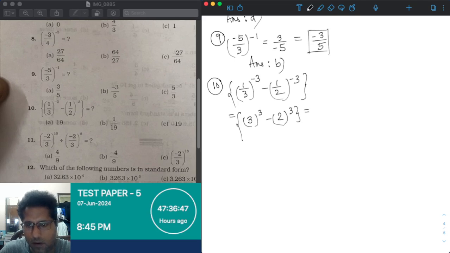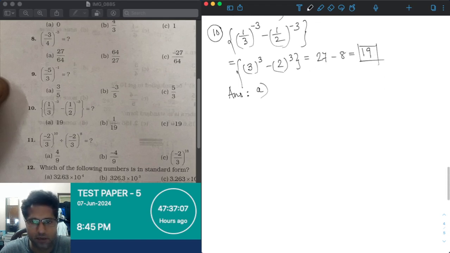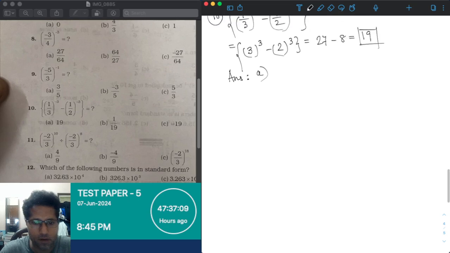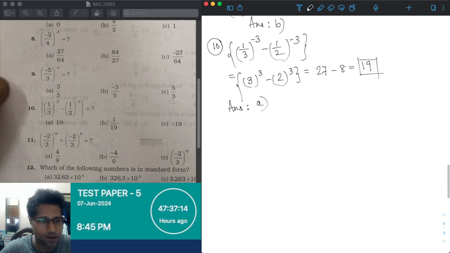This is 27 minus 8, this is 19. 27 minus 8, 19. So the answer is A. Okay, question 10 is done. I don't think the timer is working properly. Anyway, 11.